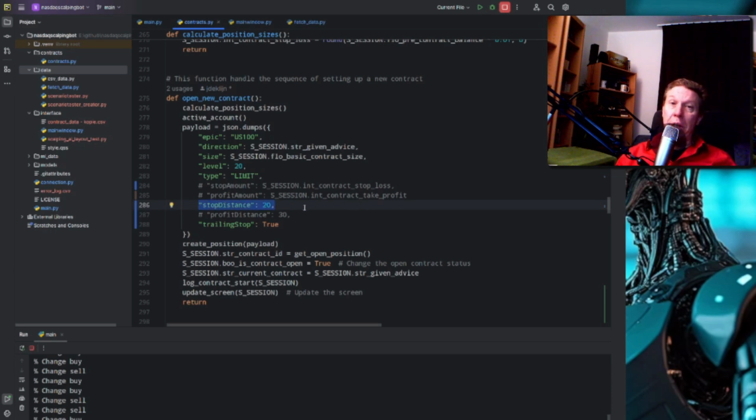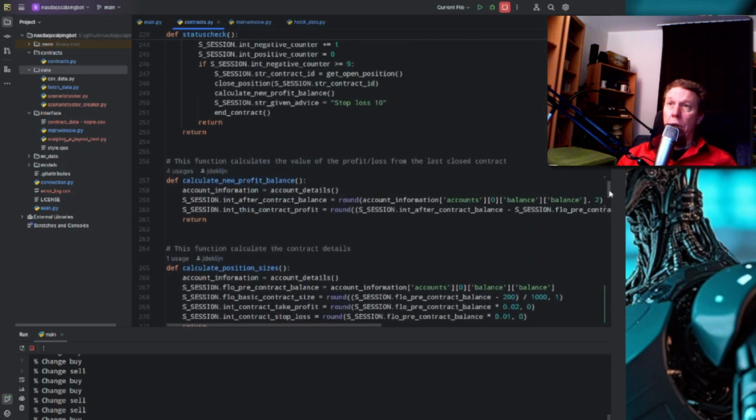I started with 10 yesterday, and during the day I pumped it up to 15. And now I have the stop distance made up to 20 for the last couple of hours before I went to France and had my Sylvester evening and had fun. So that's the change in the code right here.